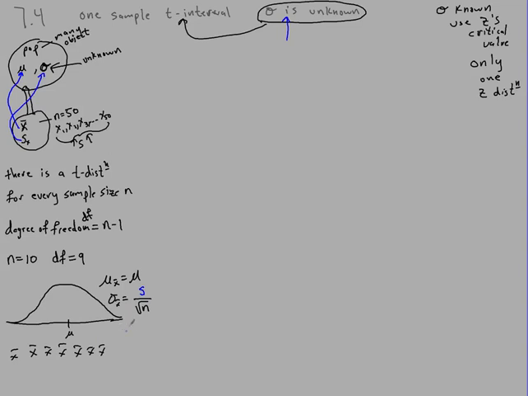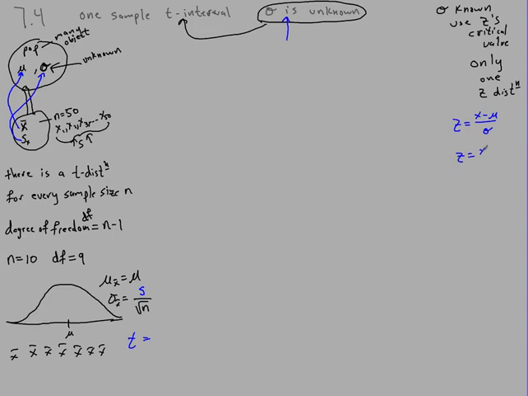The t distribution is the same thing as the z distribution. Let's do a quick review. The z score, remember, was x minus mu over the standard deviation.